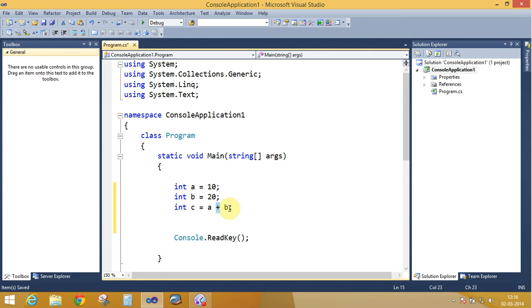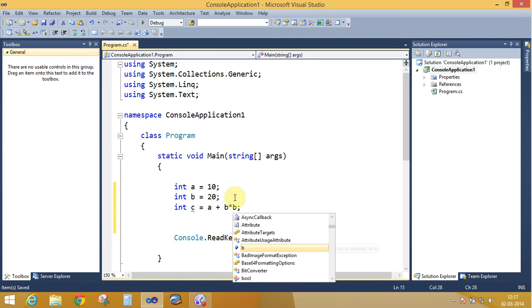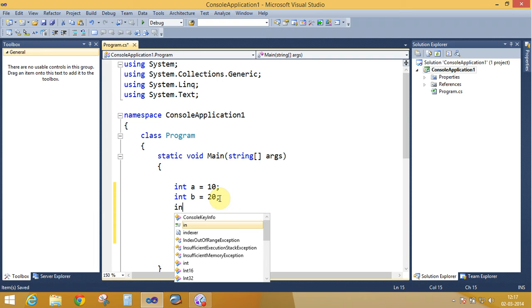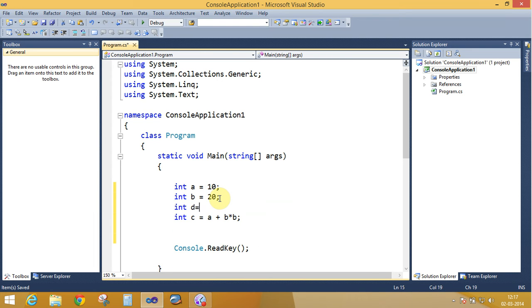If we use a third variable here, d, now we change the third variable, d equals 2. So d is the third variable, and that is known as operators in an expression.